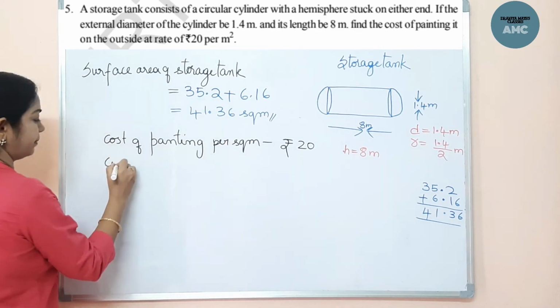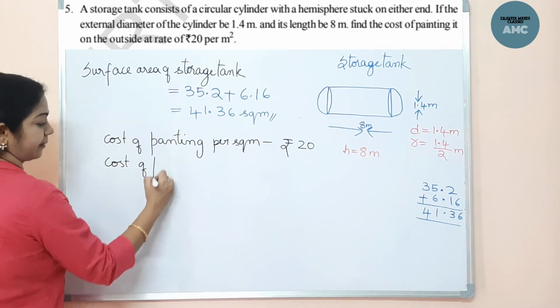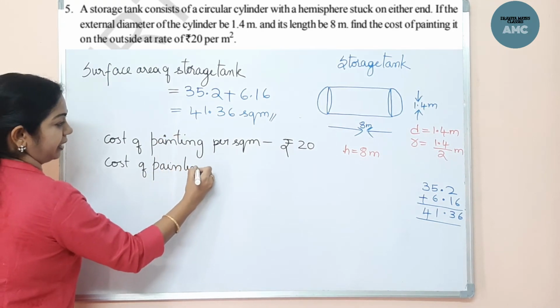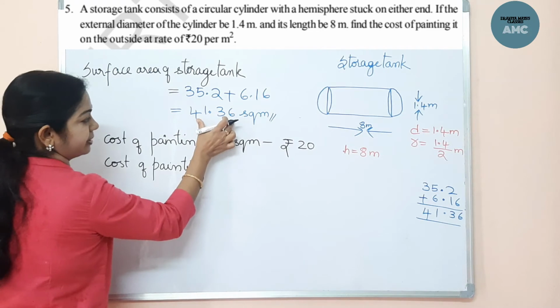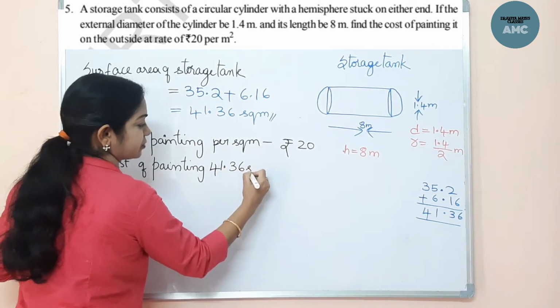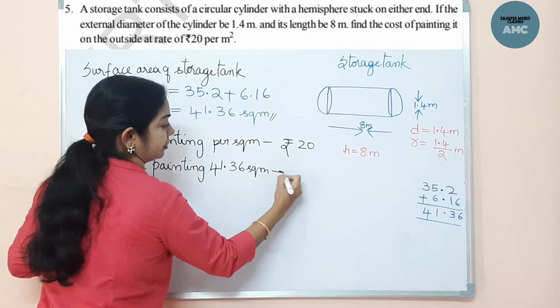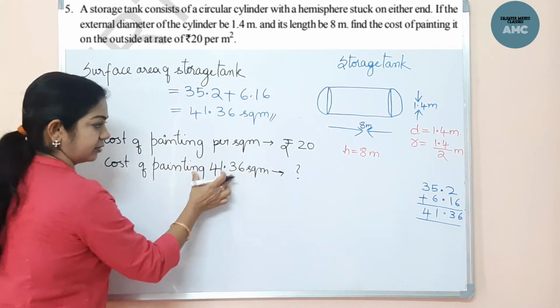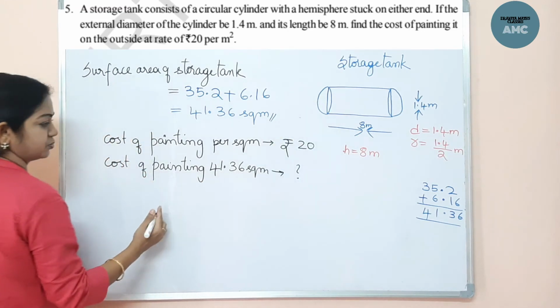Now the cost of painting: how many square meters did we get? The total storage tank is 41.36 square meters, equal to how much? So we have to cross multiply these two.